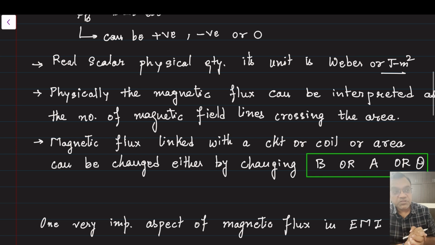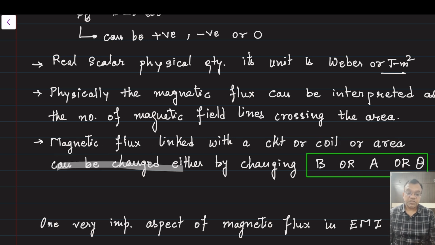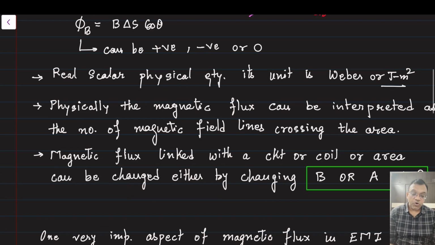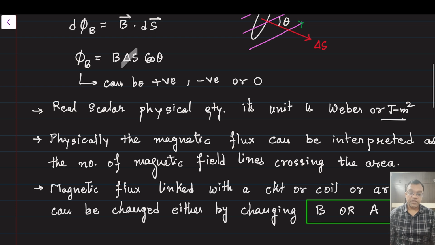Now in this chapter, EMI, the varying flux is going to play a very important role. That's why this point has been written: magnetic flux linked with a coil or circuit can be changed either by changing B, area, or theta. Flux linked with a small part or with a complete circuit is given by BA cos theta.